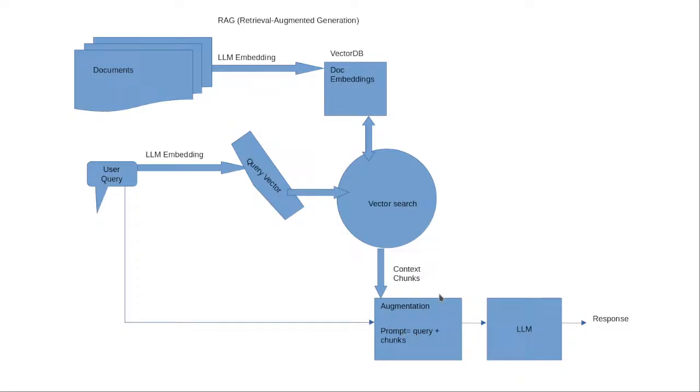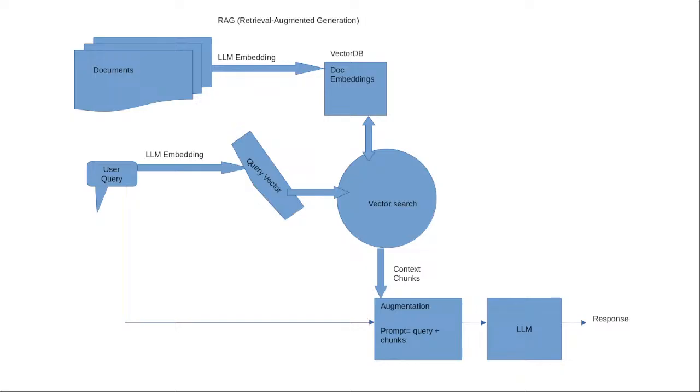Here, in the augmentation process, we get the user query and the context chunks, and combine the query and the context chunks with a system prompt. We can additionally add an instruction: consider this context information and answer this query purely based on it.